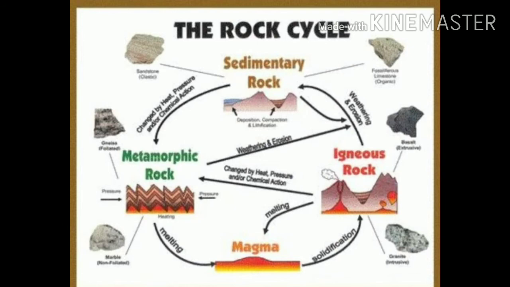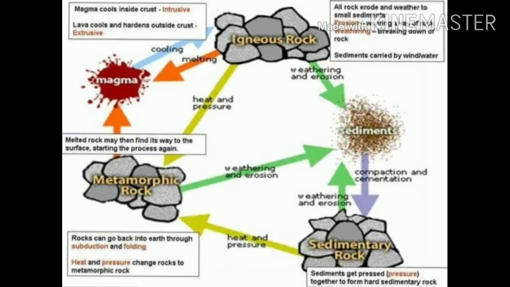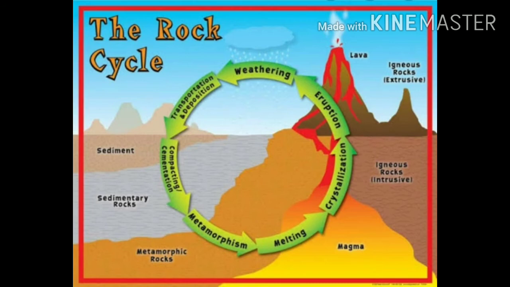Then these igneous rocks are broken down into small pieces that are transported and deposited to form sedimentary rocks. Those igneous and sedimentary rocks are transformed into metamorphic rock under the influence of high temperature and pressure. The metamorphic rocks, which are still under great heat and pressure, melt down to form molten magma. This molten magma again can cool down and solidify into igneous rocks.